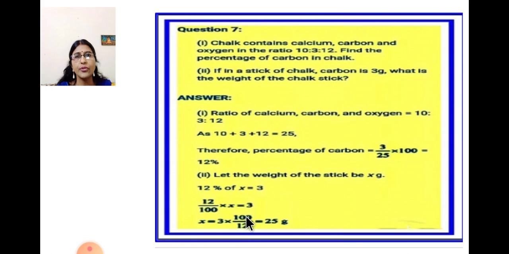So 3 into 100 upon 12. And then you will reduce it. You will reduce 3 and 12, 3 fours are 12, and then again 100 will be divisible by 2. So when you divide it by 2, you will get the answer 25 gram. So what you have understood, the weight of the chalk stick is 25 gram.